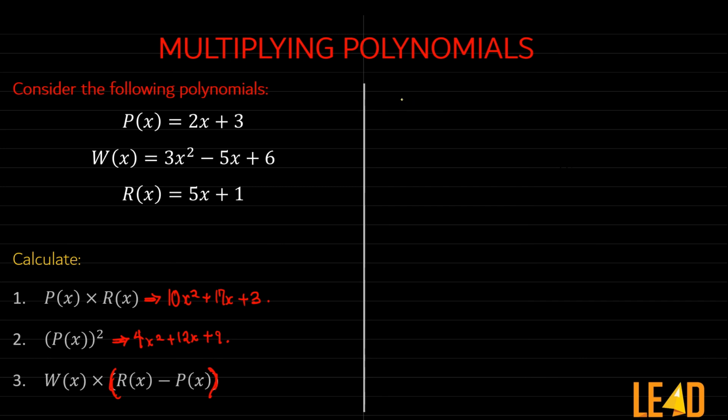Okay, so writing it out, we have 3x squared, that's w of x, right? That's 3x squared minus 5x plus 6, multiplying r of x, which is 5x minus 1, minus this other guy here, that's 2x plus 3. I could put this in bracket also, right?